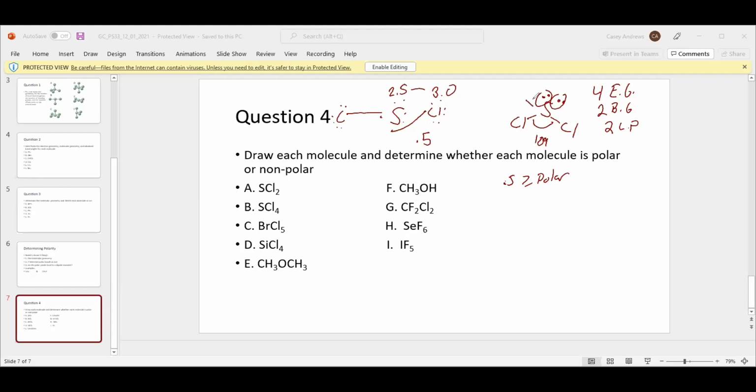The way we draw arrows, since it's a polar bond, the arrowhead will go towards the atom that is more negative. And you're asking yourself, do these arrows cancel out or not?